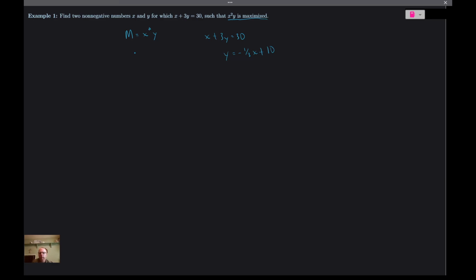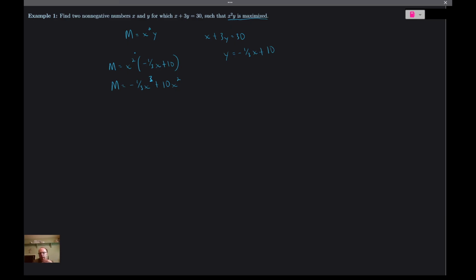And now let's substitute this in, and we get M equals x squared times negative 1/3 x plus 10. Let's distribute our x squared, so we get negative 1/3 x cubed plus 10x squared.